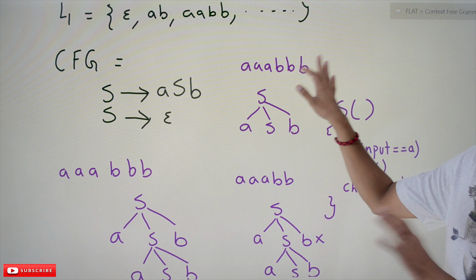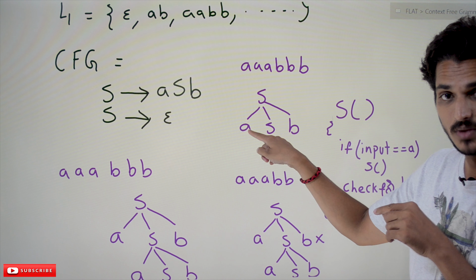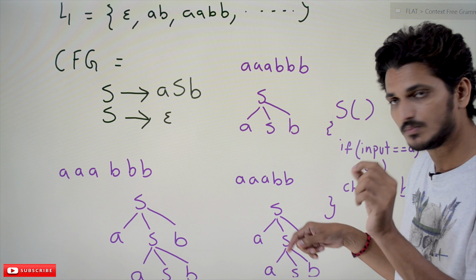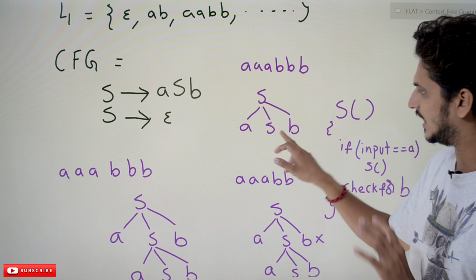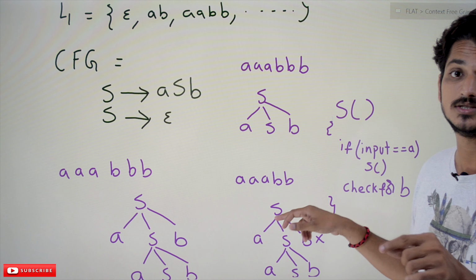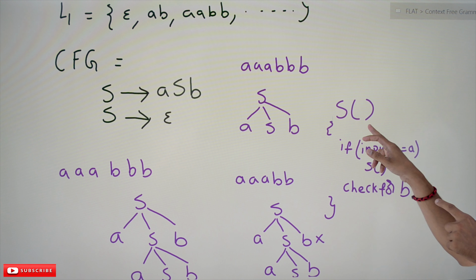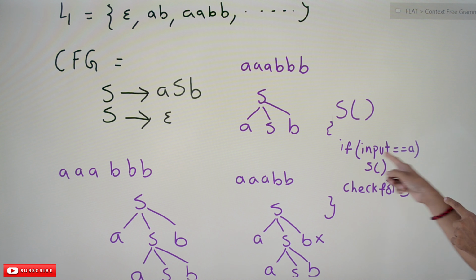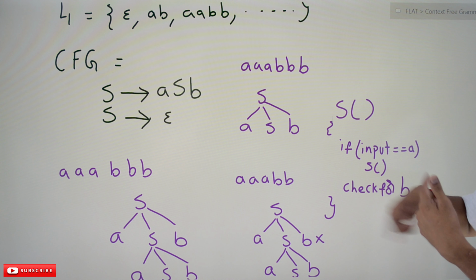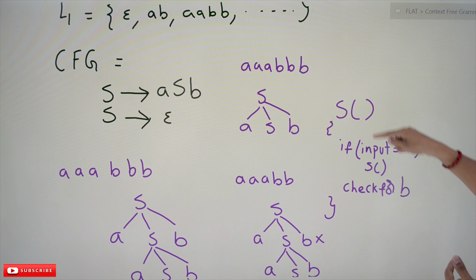Let's take the programmatic intuition. a a b b, let's take this input string. This should be accepted. Check for input symbol a. This is a terminal, which means you are identifying an input symbol. If the input symbol is a, stop; don't expand. S should be expanded because it is a non-terminal, which means we have to write a function for S. S of: if input is equal to a, again call the S function. Recursion is possible using this CFG; you are calling the function again.